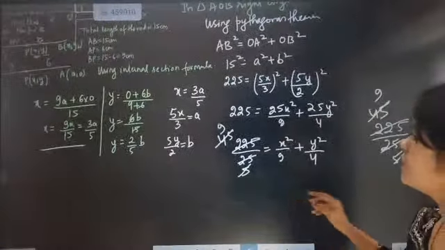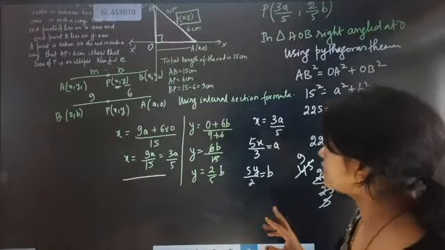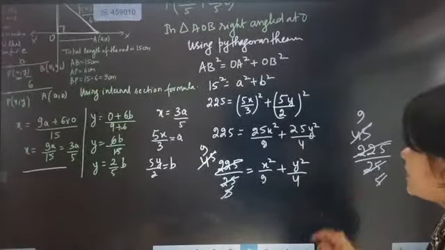Just one minute, I'm just seeing one value only. So 9 is coming, so we are going to get the equation of the ellipse.